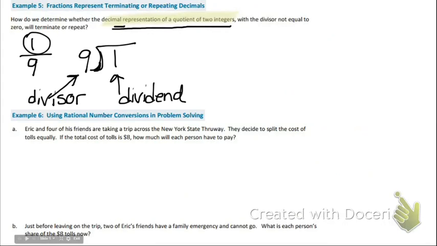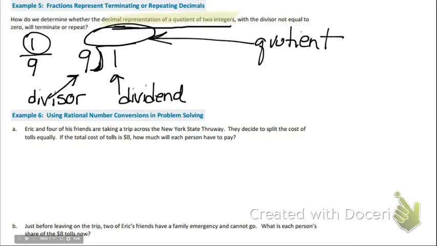And then the answer up here, whatever we get, that's our quotient. So they're asking us about the decimal representation of a quotient, and that's going to happen right up here.